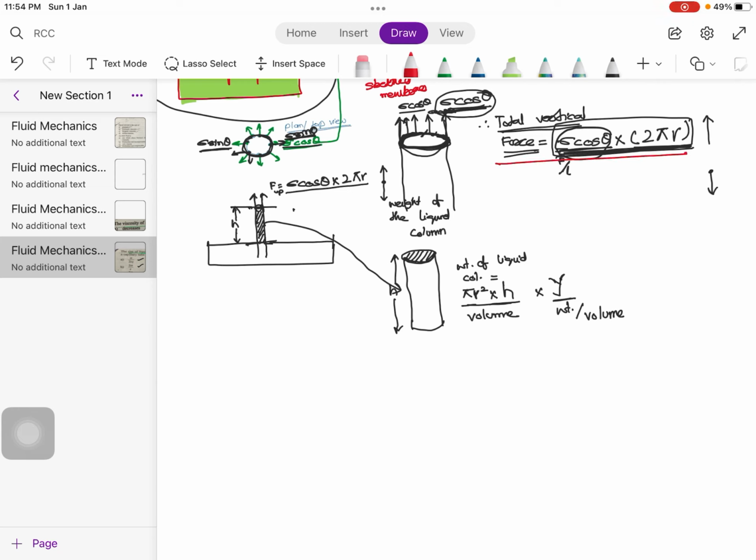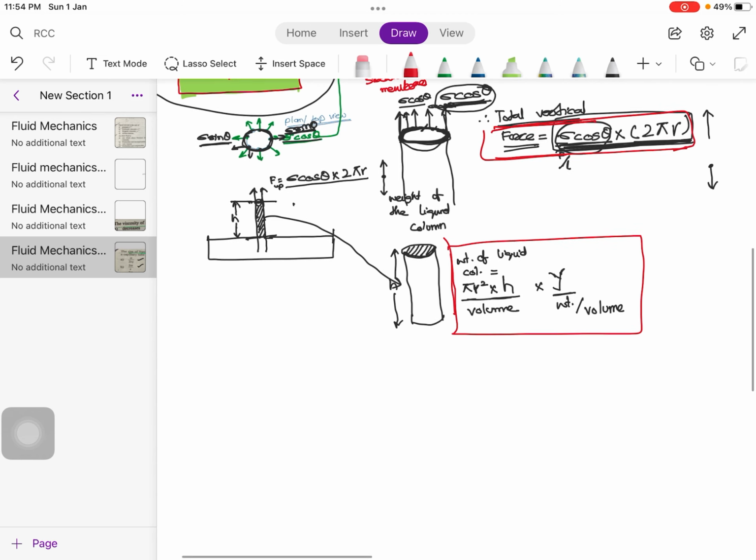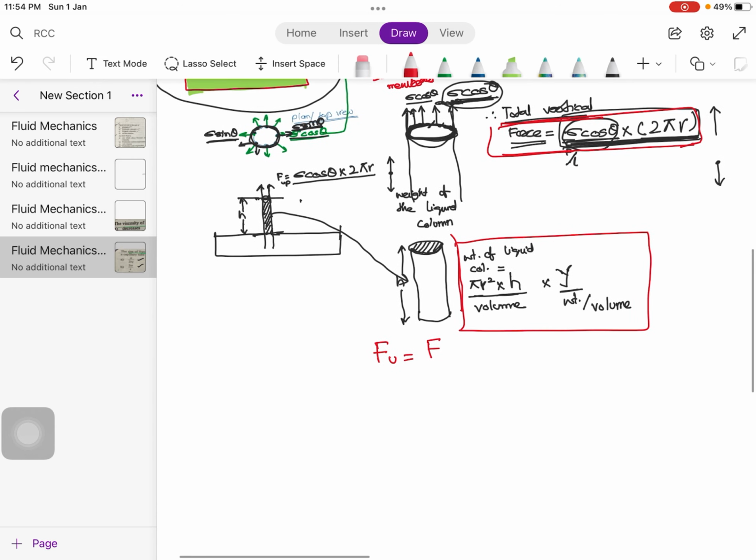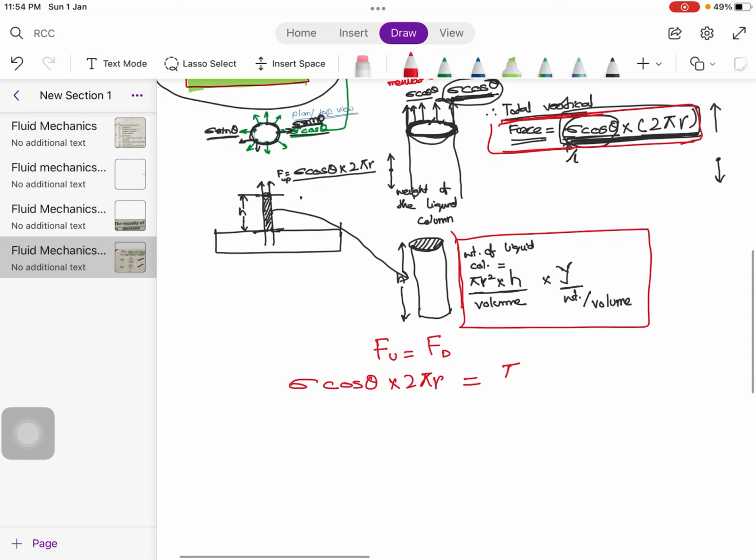So therefore, this total upward force must be equal to this total downward force to maintain this equilibrium. So force upwards is equal to force downwards. Force upwards is sigma cos theta times the circumference. This must be equal to the volume of this liquid column times gamma, the unit weight of this liquid.